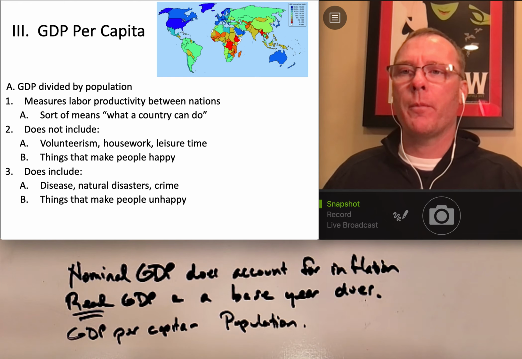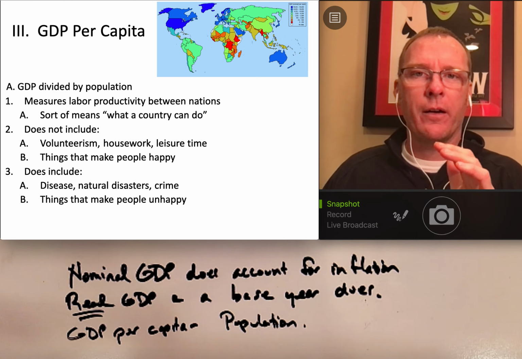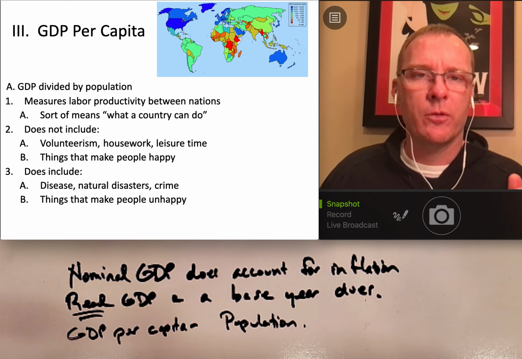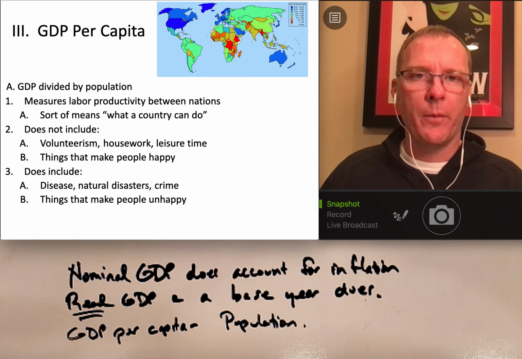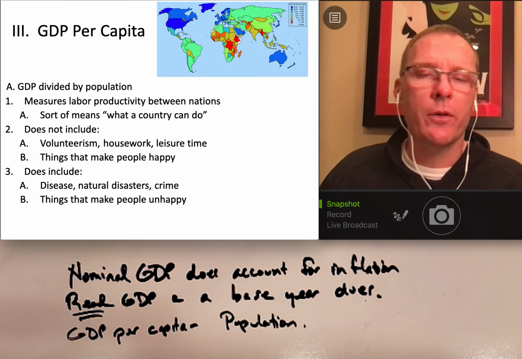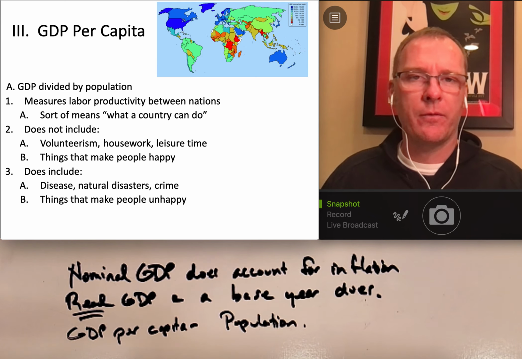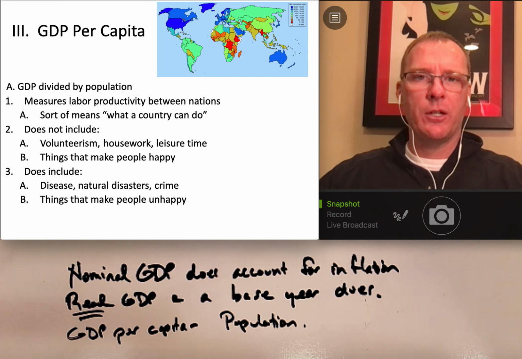Now, when you think about things it does include, when you have disease, natural disasters, crime, those all make you a little upset, but they all add into GDP. If you have a disease, you have to go to the doctor, you have to have medicine, you have to get taken care of. All those bills are going to pile up, and that's going to add into GDP.